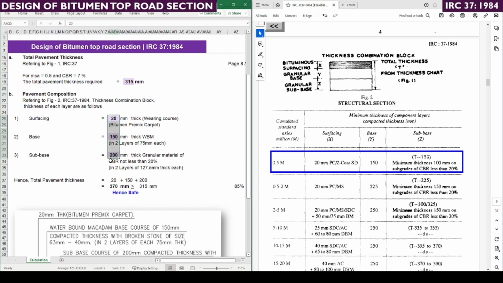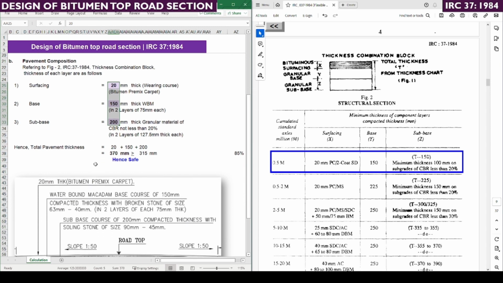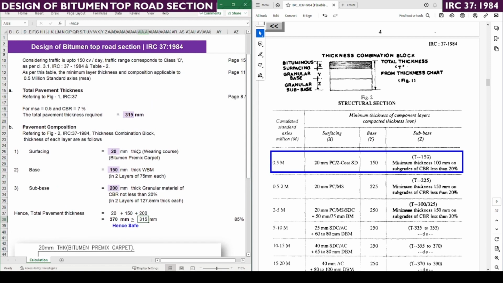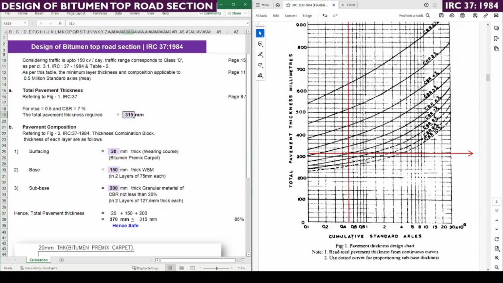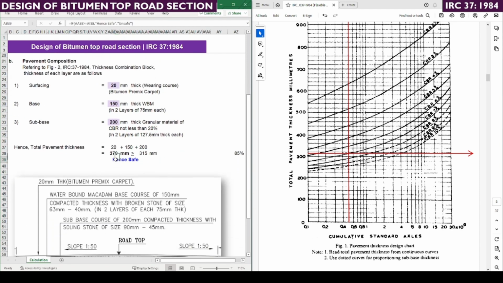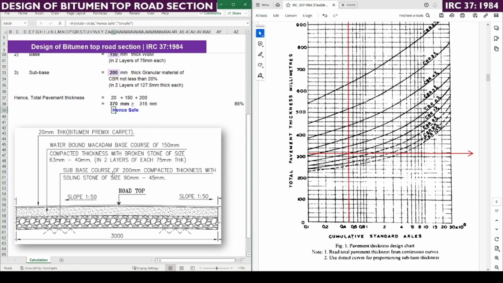Thus we have decided the structural components of the road section. The total thickness is 20 plus 150 plus 200, in total 370 mm, which is greater than the required thickness provided in Chart 1 with respect to the million standard axles and the CBR value. Hence it is safe.